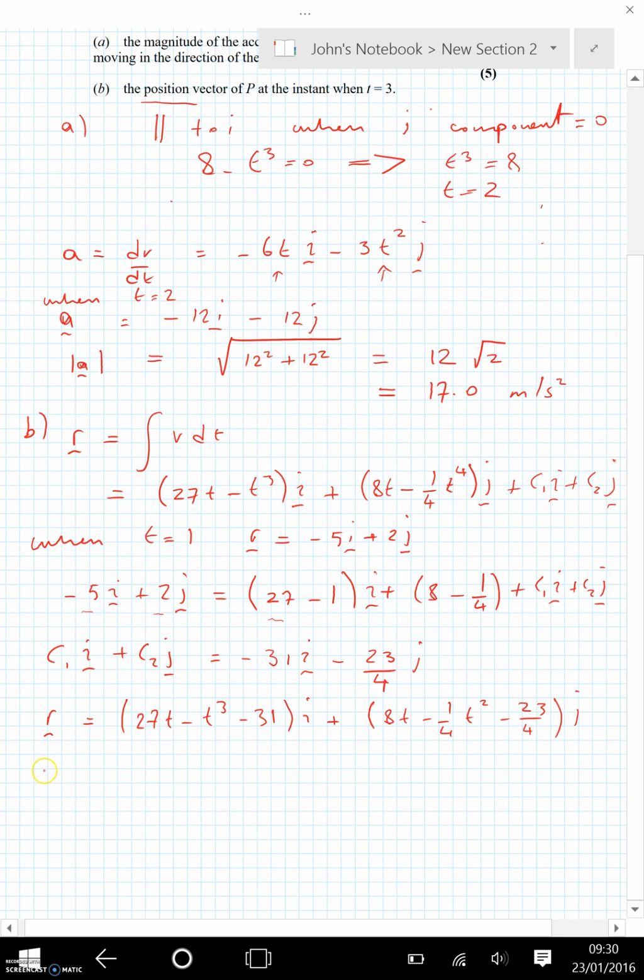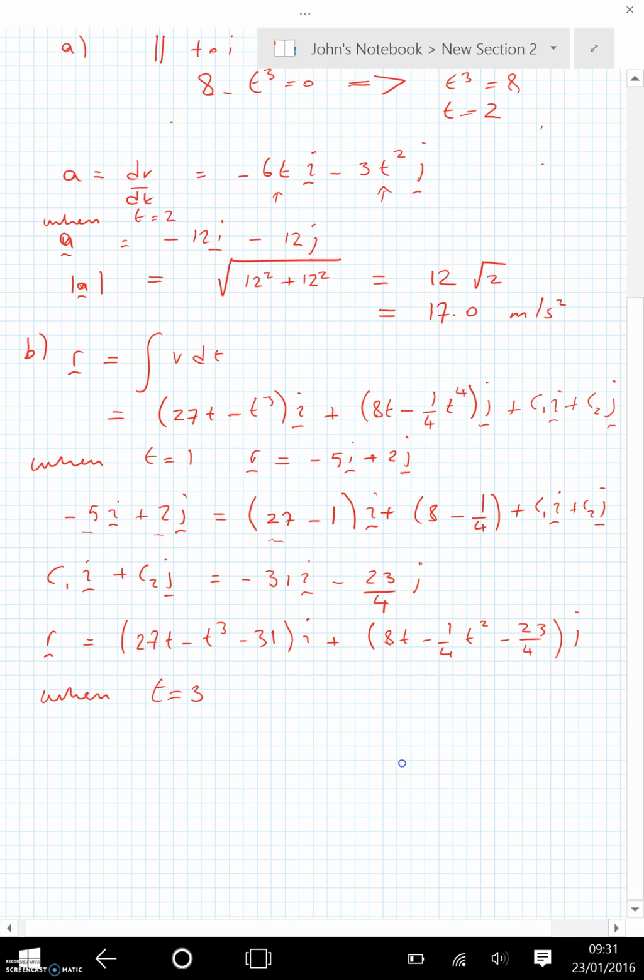So now it's just a matter of subbing in when t equals 3. It doesn't want a distance. This time it doesn't want a magnitude. This time it's happy to have a vector. So r equals 27 times 3 minus 3 cubed minus 31 i plus 8 times 3 minus a quarter times 3 cubed minus 23 over 4 j.